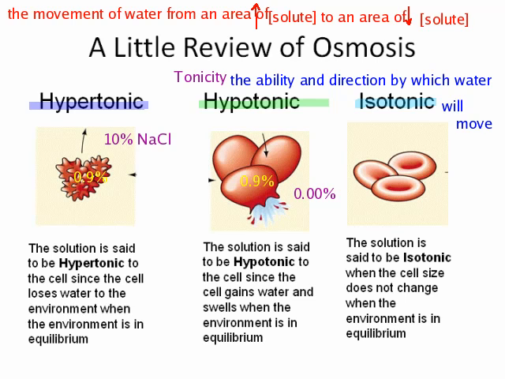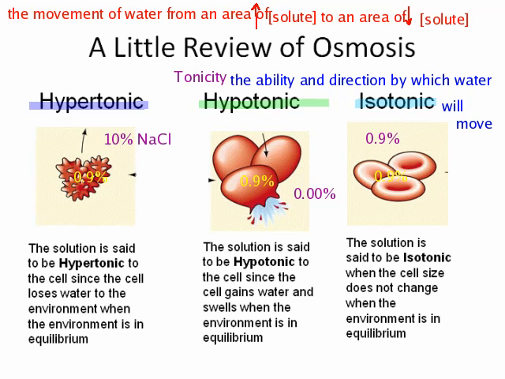An isotonic environment, the external environment is going to be equal to an internal environment. 0.9 on the outside, 0.9 on the inside.